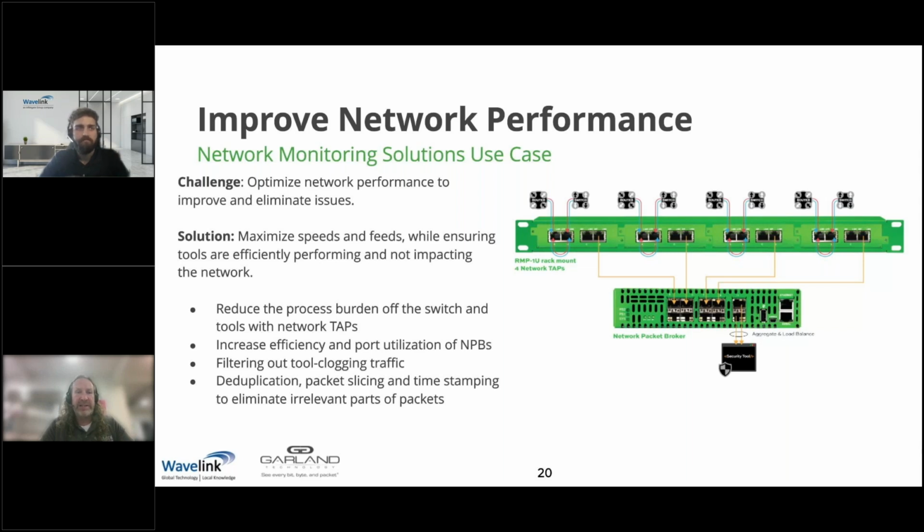And the nice thing is once the traffic gets sent into the packet brokers, depending on the different models, we can do things like deduplication, packet slicing, time stamping, which time stamping could be a little more applicable with performance monitoring, or some companies will do some packet capture.